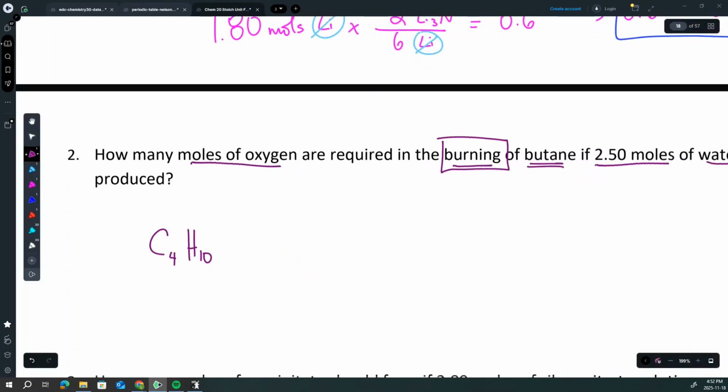Now remember, for combustion reactions, you have your fuel reacting with oxygen, and for a hydrocarbon combustion reaction, you are always going to get carbon dioxide and water vapor.